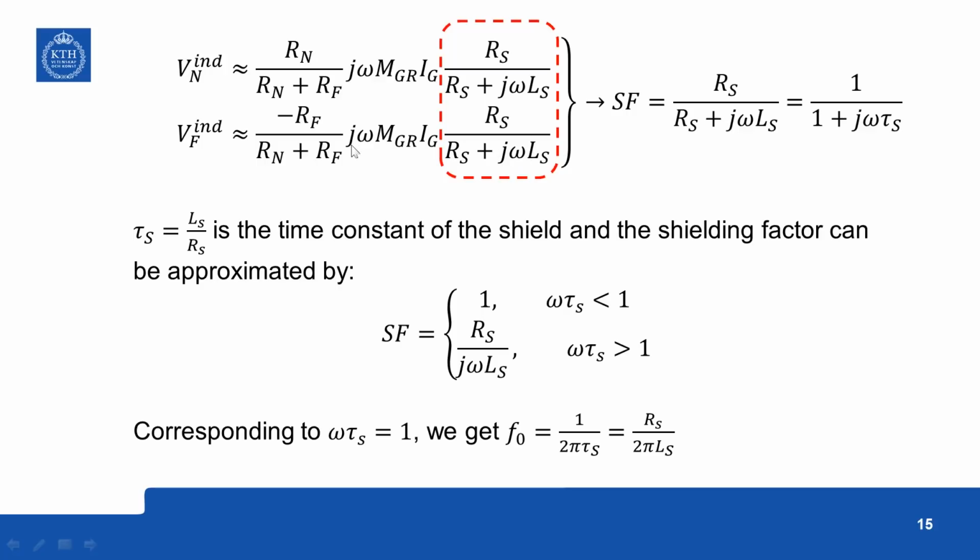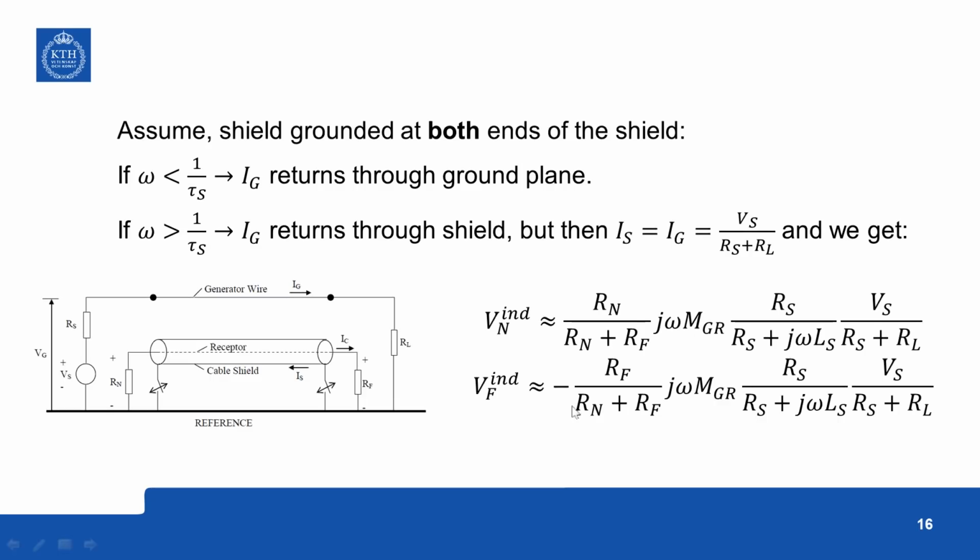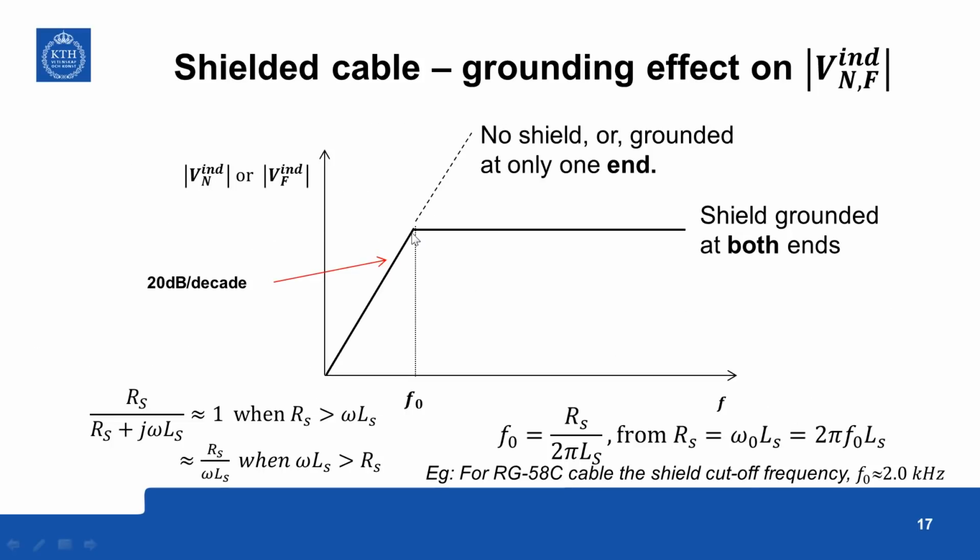So this j omega and j omega cancel. So you get a kind of saturation in the induced voltage. So it is not frequency dependent anymore beyond that cutoff.